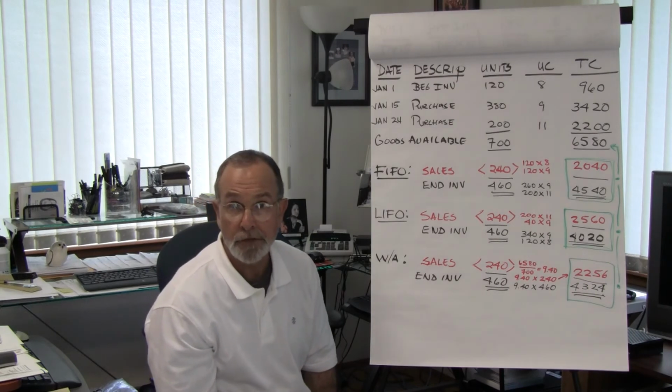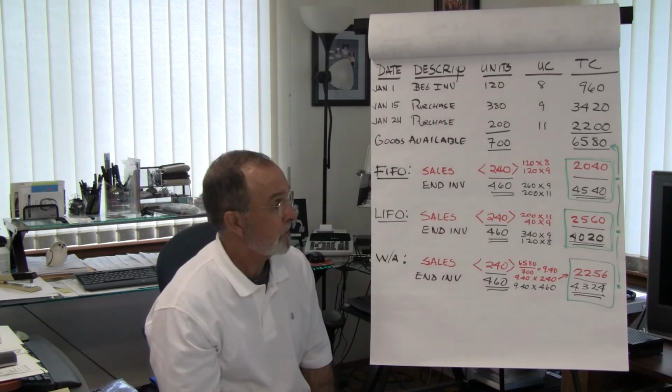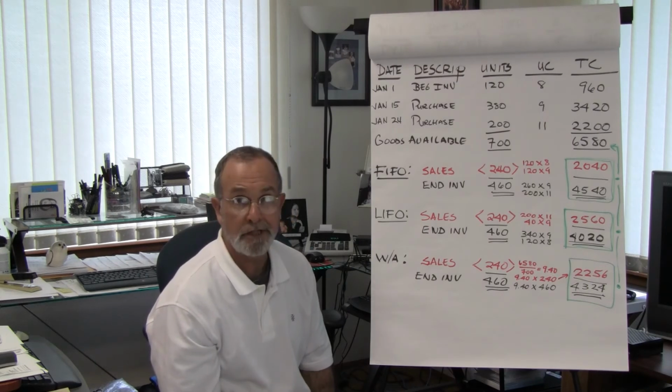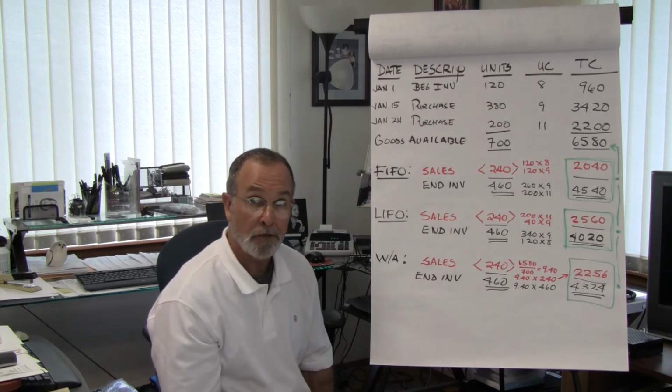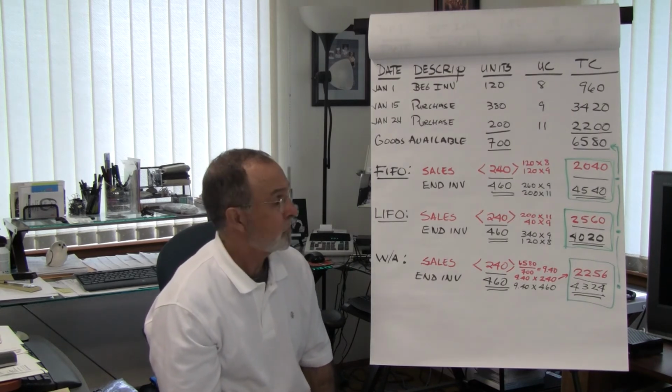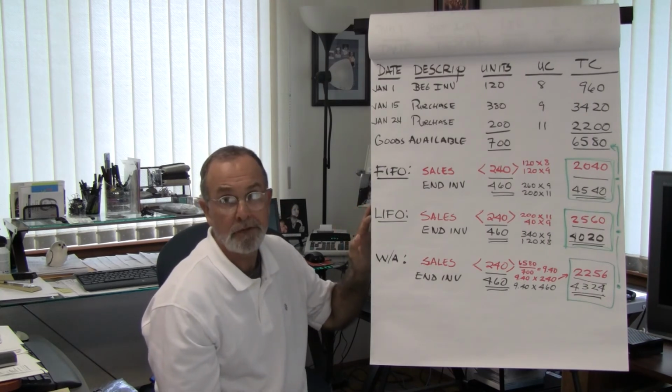And if we have lower income, then our taxes will be lower. So companies that are focused on saving taxes, especially during inflationary times, and if they're a merchandiser, will generally use the LIFO cost flow assumption for their inventories.